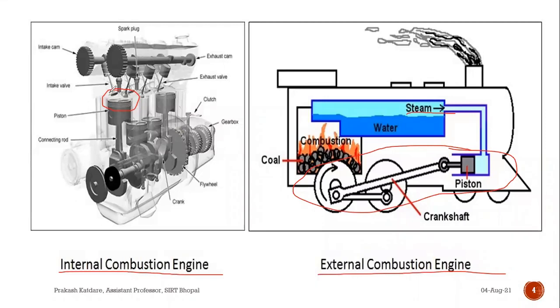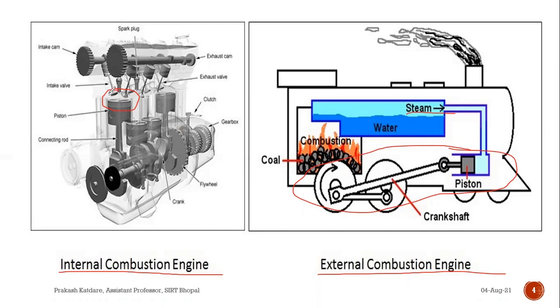Then a detailed classification can be done for both these types. Like in an internal combustion engine, we have open cycle gas turbine, petrol engine, diesel engine. In external combustion engine, we have steam engine, steam turbine, closed cycle gas turbine. But if we see, these external combustion engines are very much complicated, they are heavy in build, and also their efficiency is very low.